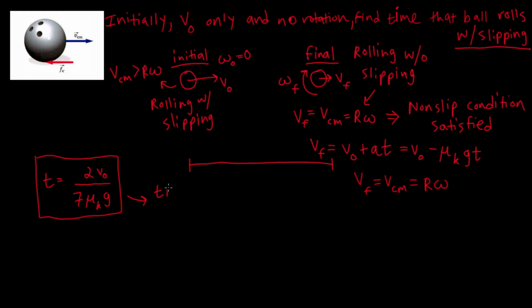So I'll write it in words here. The time t represents the time that the ball slides, or in other words, rolls with slipping. Rolls with slipping and sliding are the same thing.